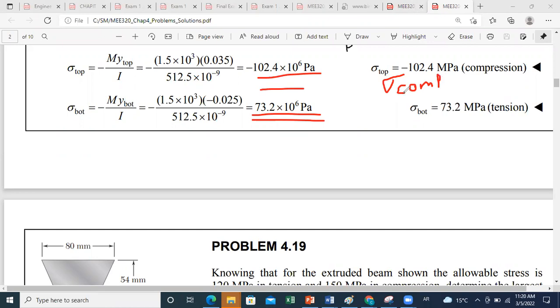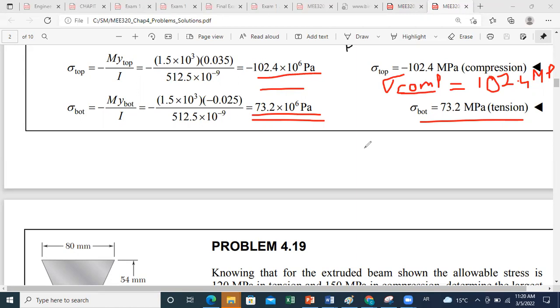When you put the subscript compression, you can just put the absolute value because you already stated that it's a compression stress. And so sigma maximum compression is 102.4 megapascal, and sigma maximum tension is 73.2 megapascal.